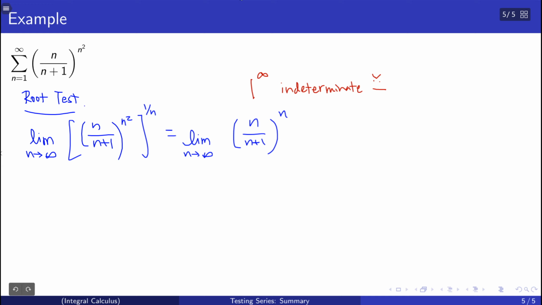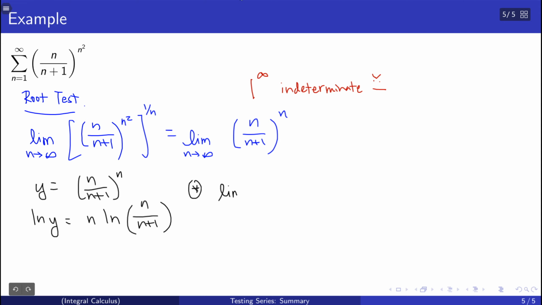But if you remember in differential calculus, what you probably remember is setting y equal to that term and taking the logarithm of both sides so the n goes down. So now you're going to take the limit of ln y first instead.